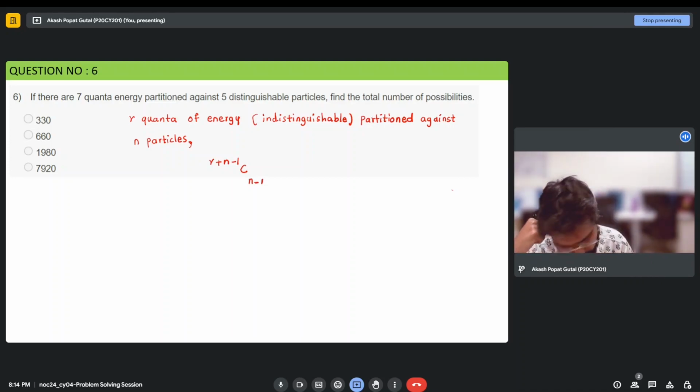Okay, this is the formula. Same thing, C is the combination.